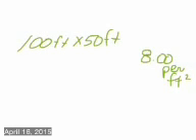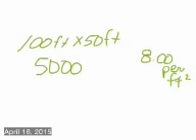So first of all, let's figure out our square footage. What's 100 times 50? 5,000. Very good. So if I take 5,000 and I times it by 8, because it's $8 a square foot, what's 5,000 times 8?